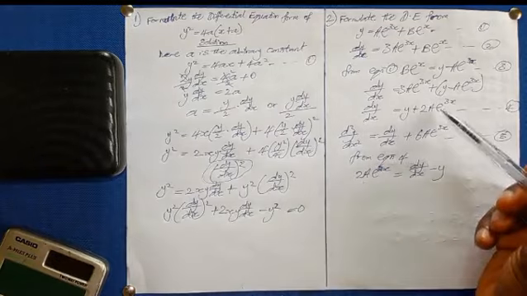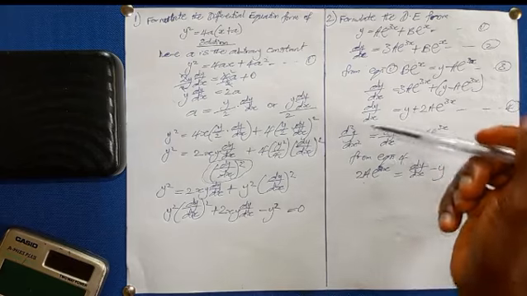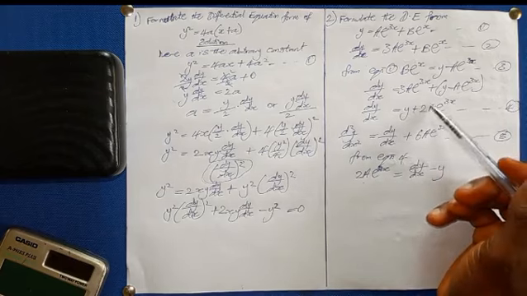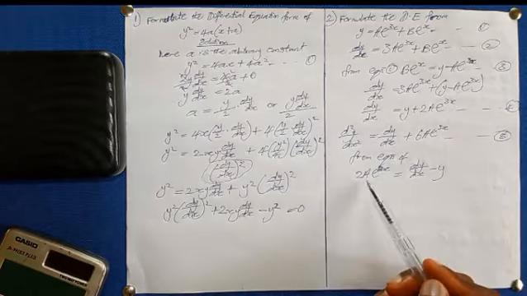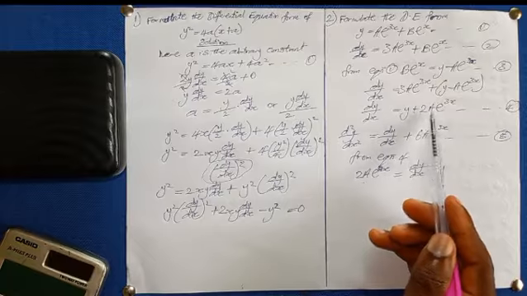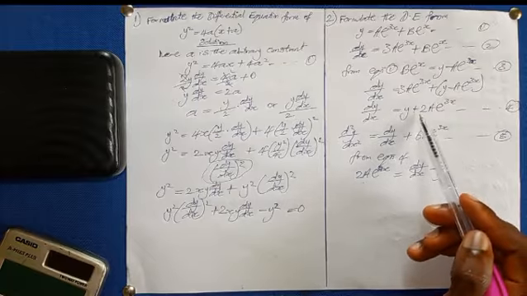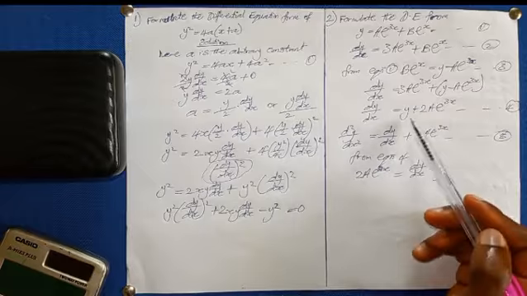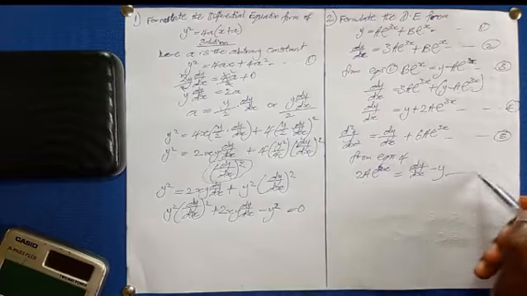When making it the subject of the formula, anything that was with this one, you make it cross the equality sign so that this one can stand alone. So y was with this, so we take it to the other side, and crossing the equality sign it changes to minus, making it equation 6.